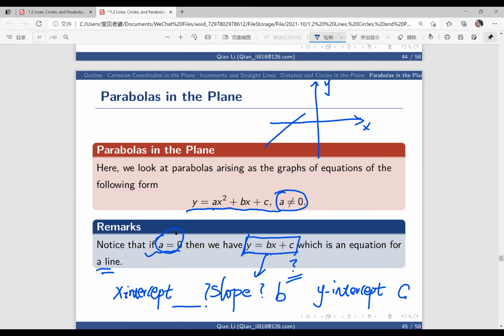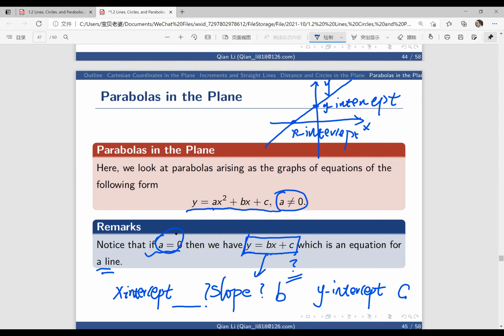If there is a line and it intersects with the y-axis, this will be the y-intercept, right? And if this line intersects with the x-axis, this point is the x-intercept, right?